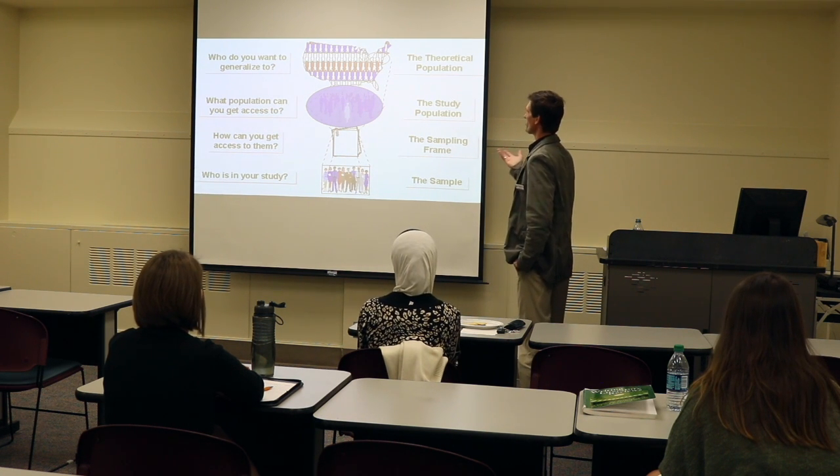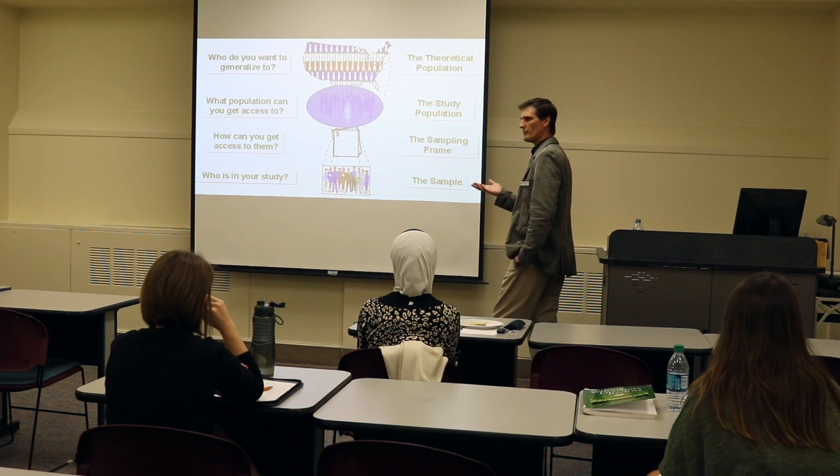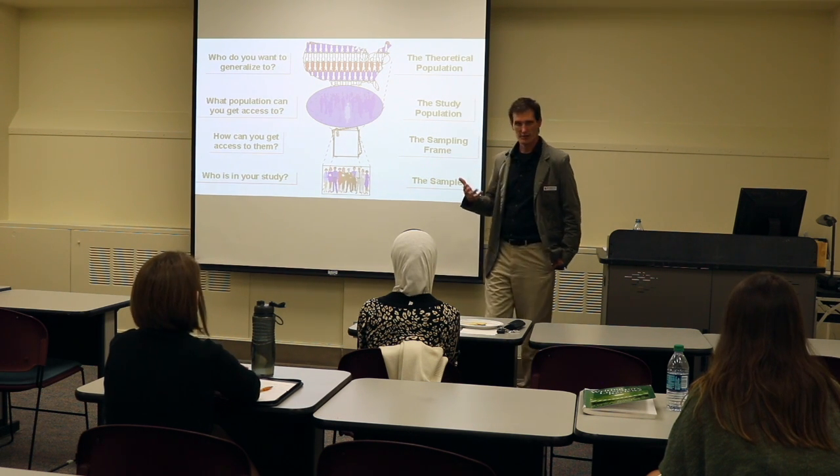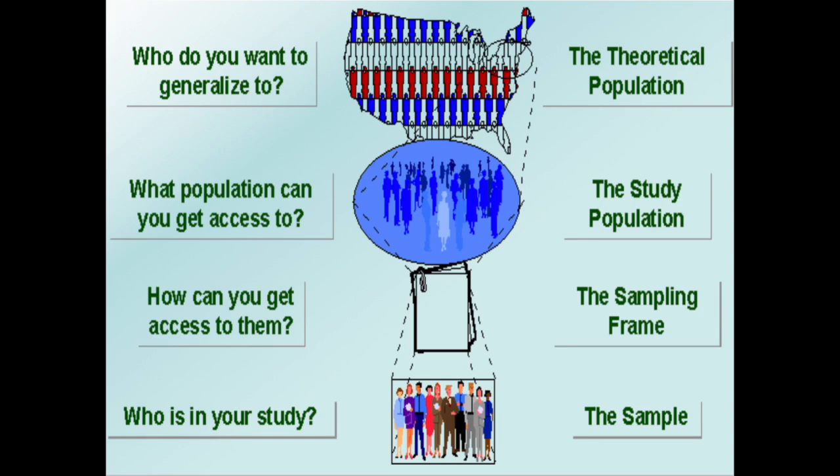So we have to ask some pretty important questions from the onset when we're designing our sampling plan, right? Who is it that we want to be able to generalize the findings to? Who is that large population, the target population, and what population can you get access to? What is feasible in terms of the study population that you can actually access relative to that large theoretical population of interest? And then, of course, how can you get access to them?